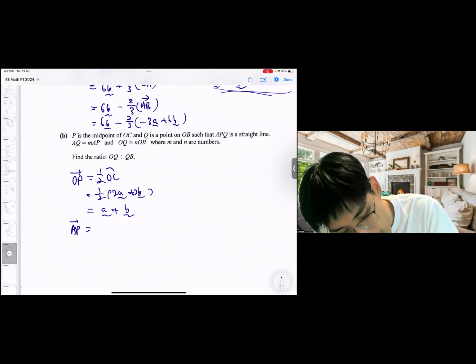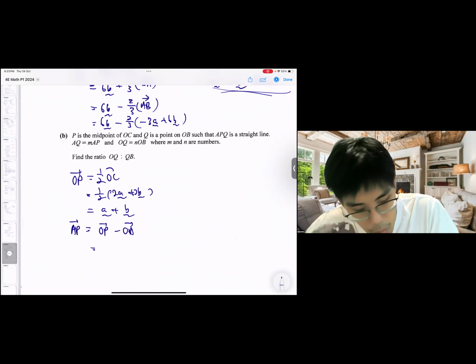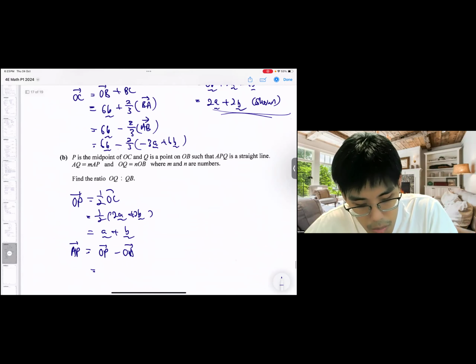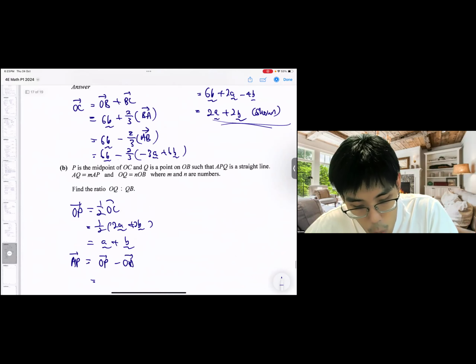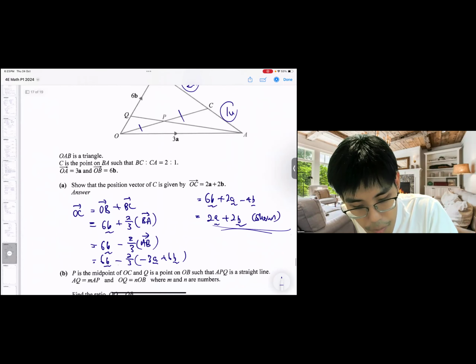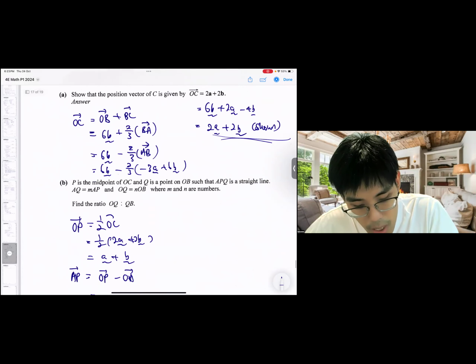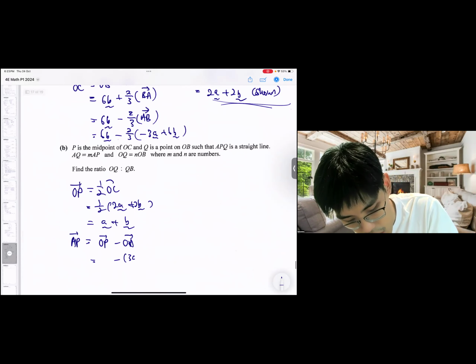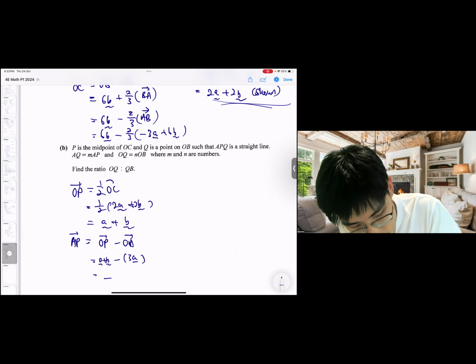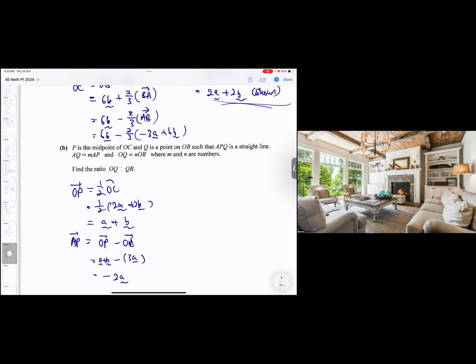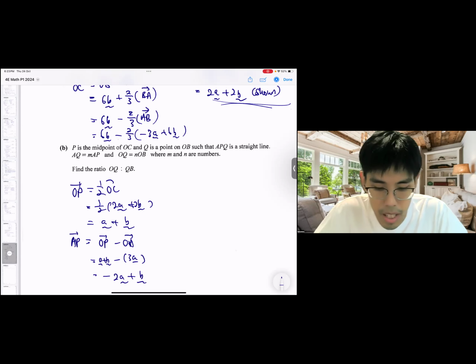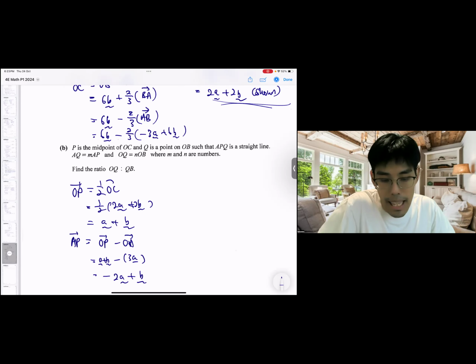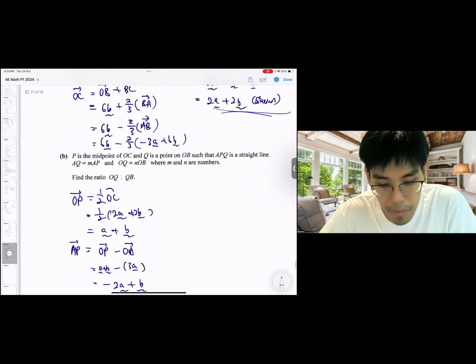So AP equals OP minus OA, which is a plus b minus 3a. So I got minus 2a plus b. That's for AP.